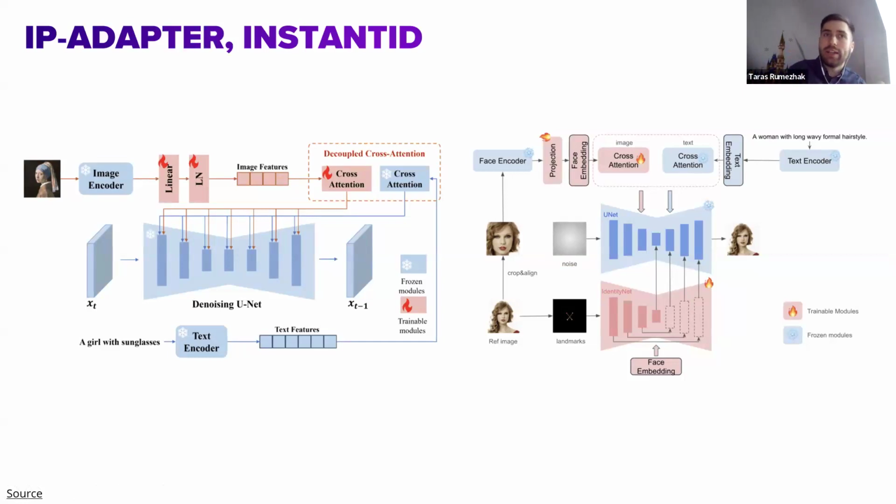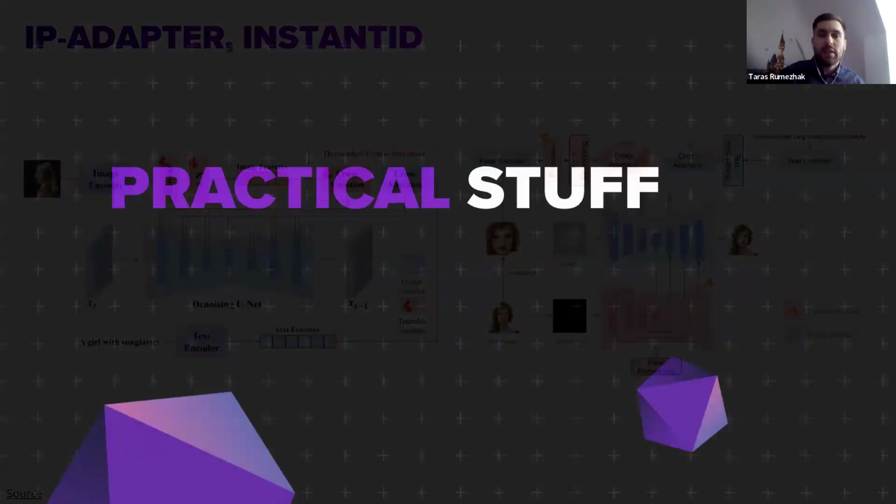There are problems with bodies, with interior consistency, etc. Every research is directed at consistent face generation, because there are a lot of use cases in marketing, and because a lot of people are creating those AI influencers. I understand that it's a very huge market, and a lot of researchers are doing this work in this direction.